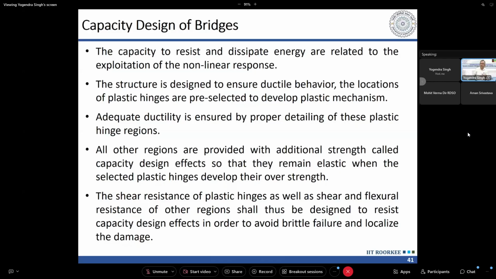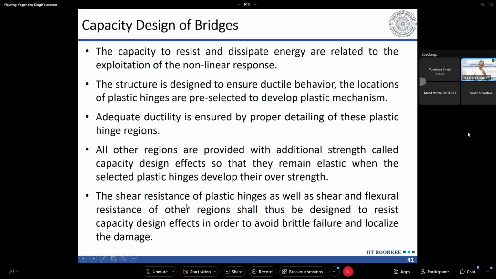So to ensure that, we should know where during the real earthquake the yielding will occur, so that we can provide those ductile detailing at those locations. And all other regions, all other components within the bridge or the structure, should be stronger than, not the earthquake, but stronger than the piers, so that those remain elastic.